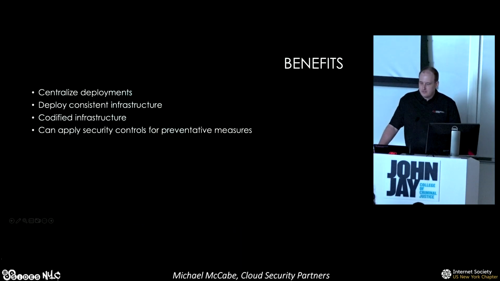The other great thing is you can apply security controls for preventative measures at that level. If anyone does AppSec, we've always tried to do the SAST model of running tools against our code to try to prevent things like SQL injection or cross-site scripting, all those types of things. You can do the same thing with infrastructure as code, and I'll be talking about some of that as well.